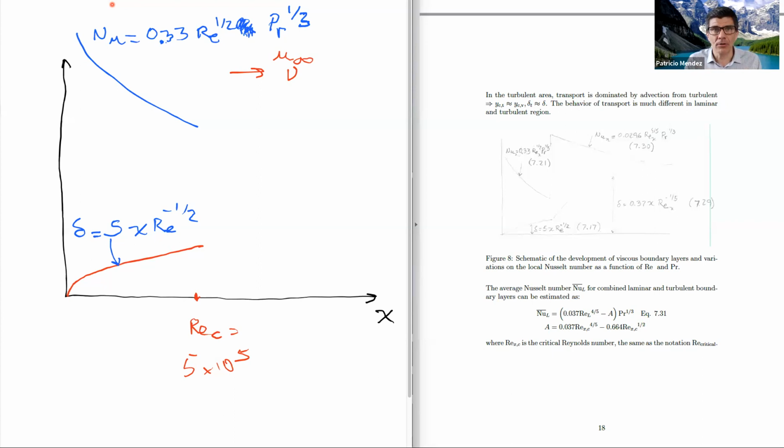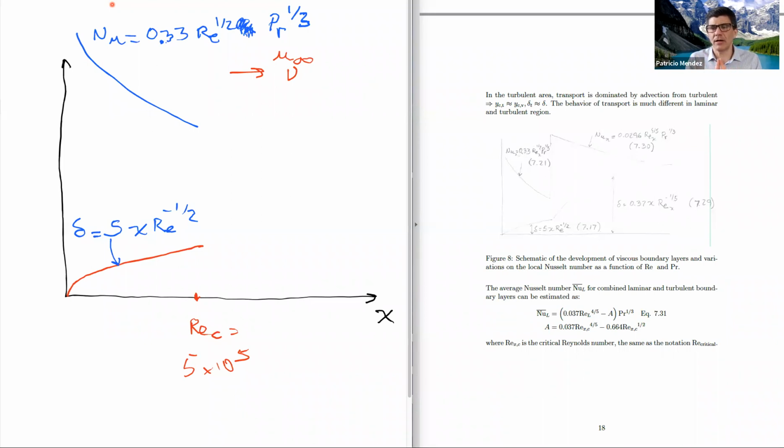And if you remember, we can have advection and conduction at the same time, and we would have this Peclet number that would give us an idea of which dominates. And we know that if the velocity is high enough, eventually advection dominates. And this is what happens in turbulence. The more and more turbulent the fluid is, the more and more advection dominates.